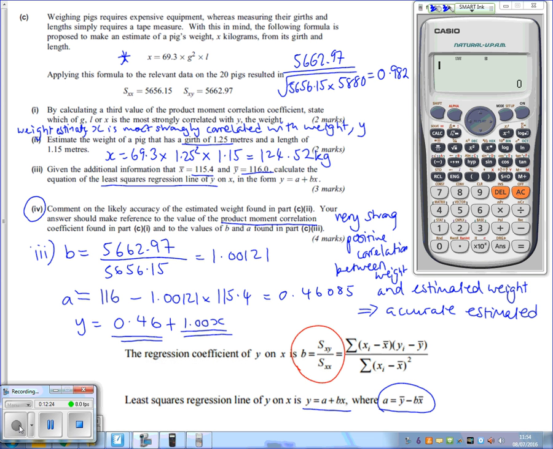And A is really close to 0, so obviously if a pig weighs nothing, the estimate weight should be nothing. So we need to say here that B is close to 1 and A is close to 0, so it's approximately 0. Therefore, estimate highly likely to be accurate.